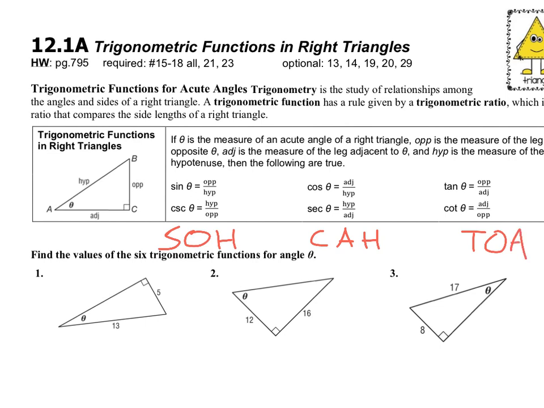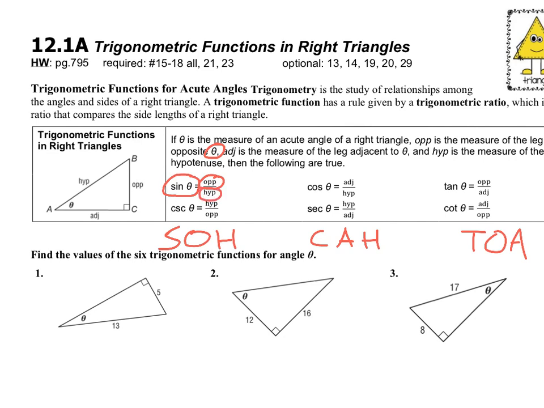If you take one of the acute angles in a right triangle, and we'll call this angle theta, the sine of that angle theta is going to equal the ratio of the opposite side to the hypotenuse.